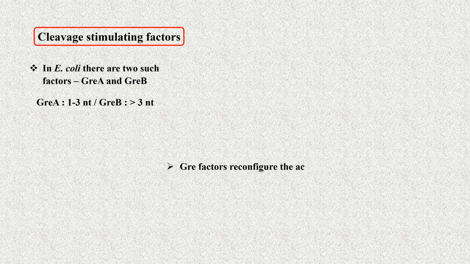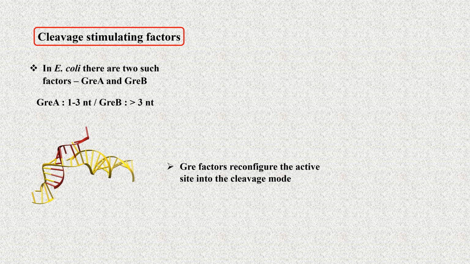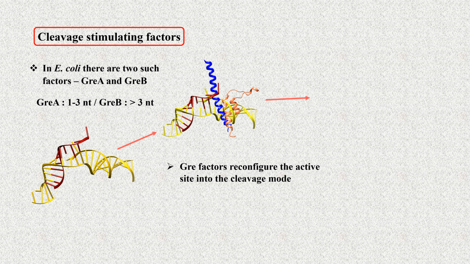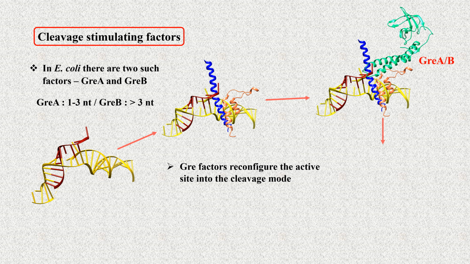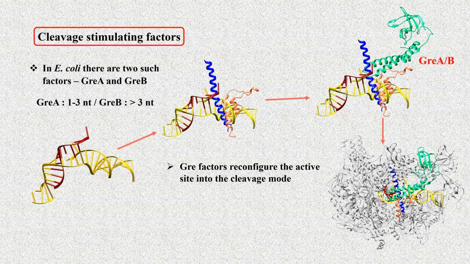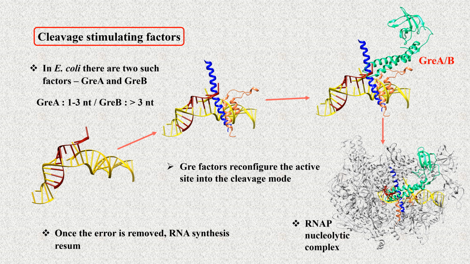The GRE factors reconfigure the active site into the cleavage mode. Once the error is removed, RNA synthesis resumes till the polymerase meets a terminator.